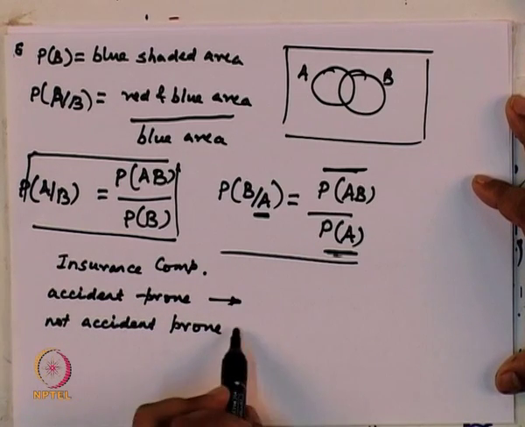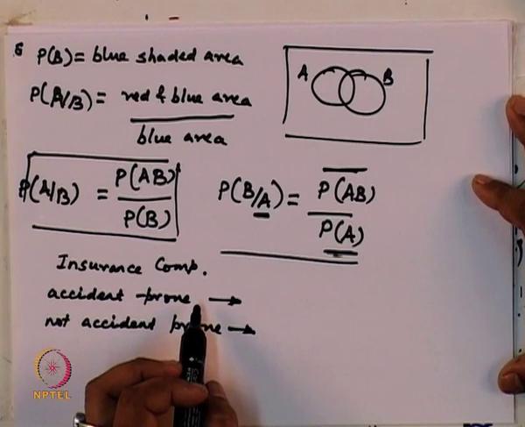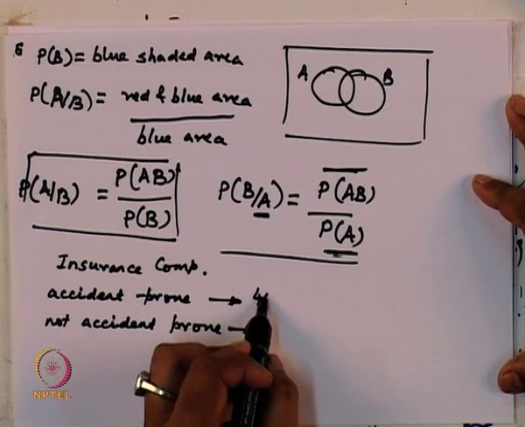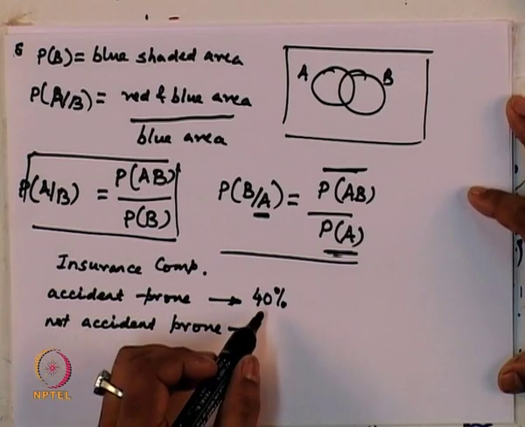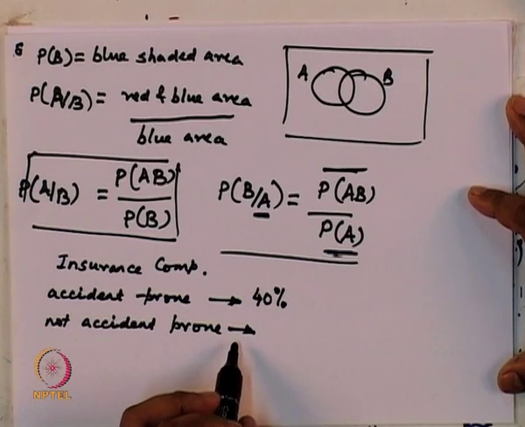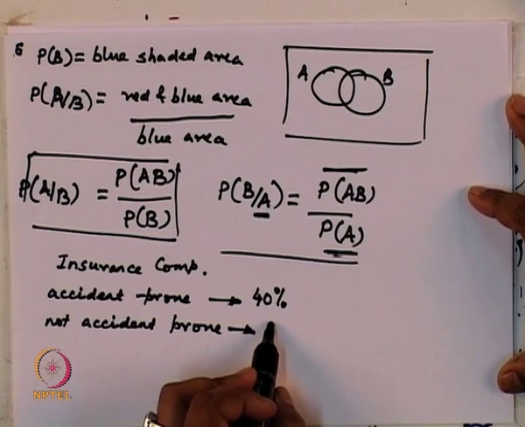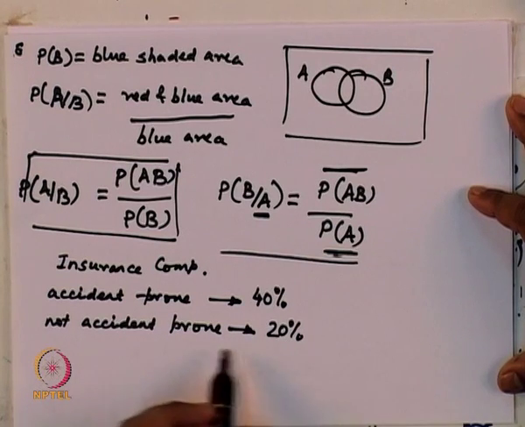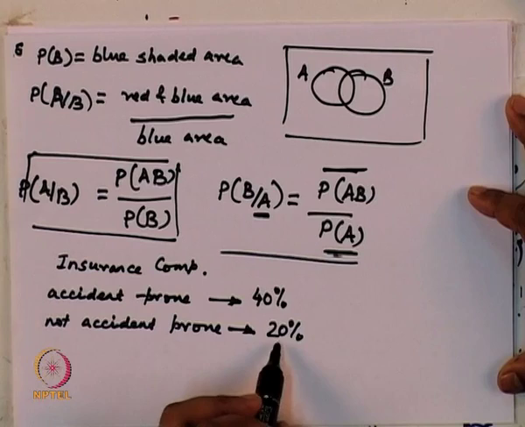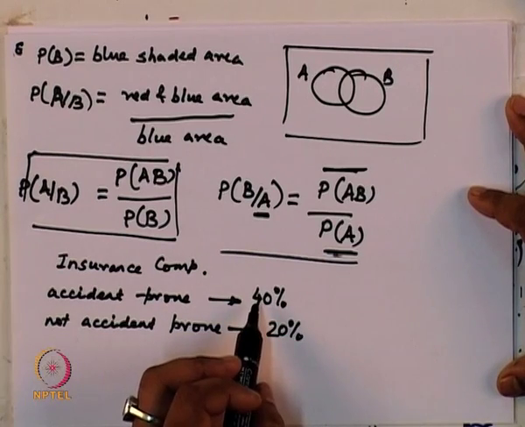The person who is accident prone has a 40% chance that he will actually suffer an accident in a given year. The person who is not accident prone has a chance of 20%, a lesser chance than the accident prone person.